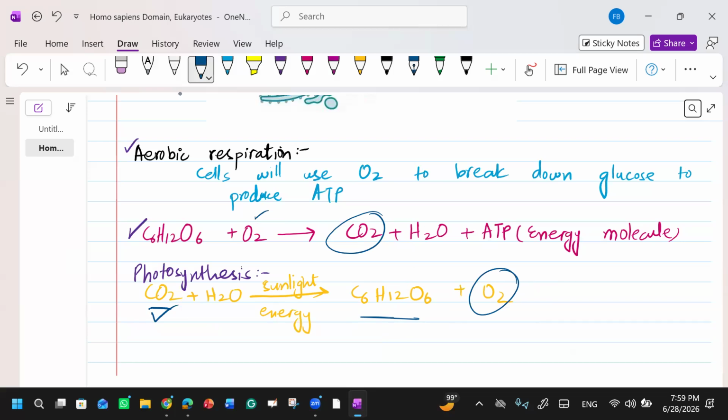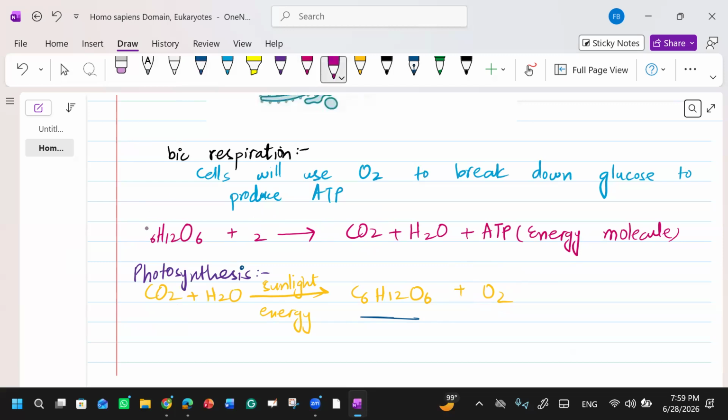Are you getting this idea? Simply, in the photosynthesis process, plants produce oxygen. Then this oxygen is utilized by us, the human beings. And then human beings produce what? Carbon dioxide, right? And then that carbon dioxide is being used by the plants.